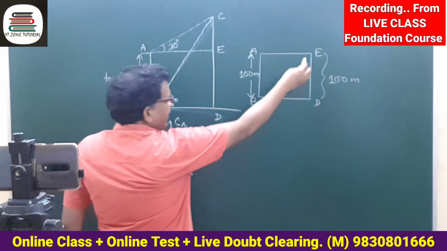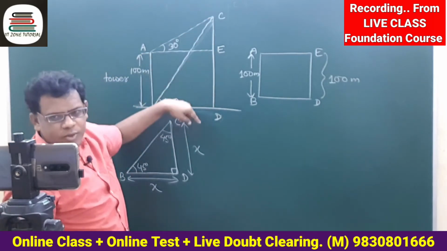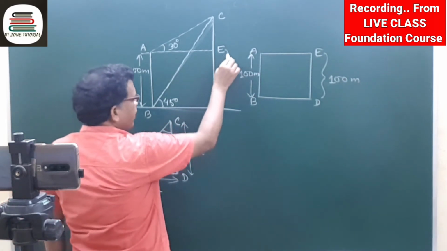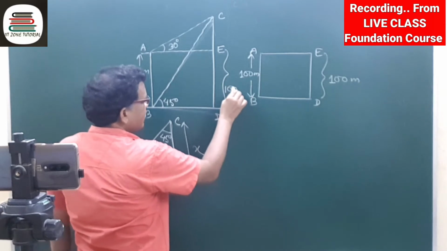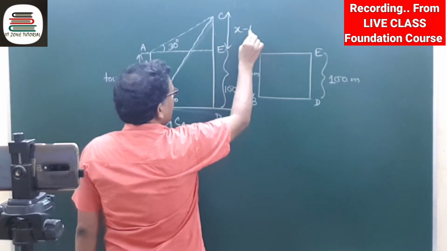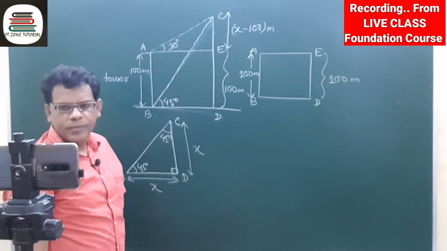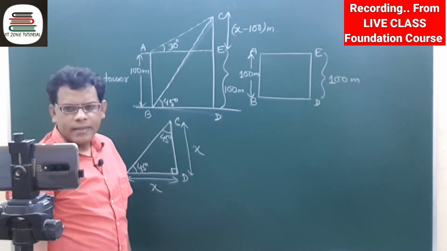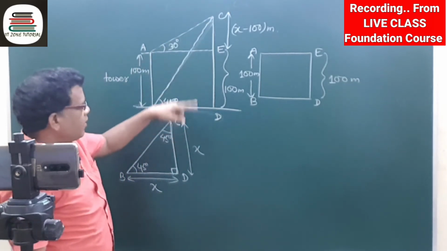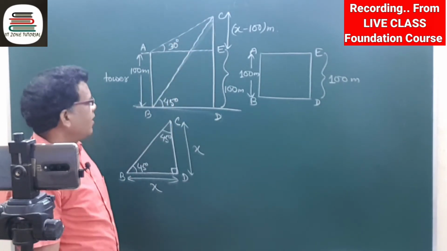Then if ED is 100 meter and we have assumed the overall height of C to D to be X, out of which this is 100, right, then the rest of this can be written as X minus 100, isn't it? If the whole length CD I assumed to be X, out of which this much is 100, so obviously this is X minus 100.